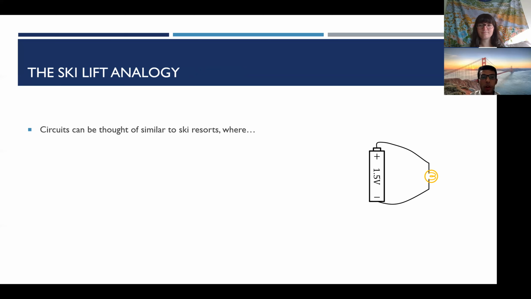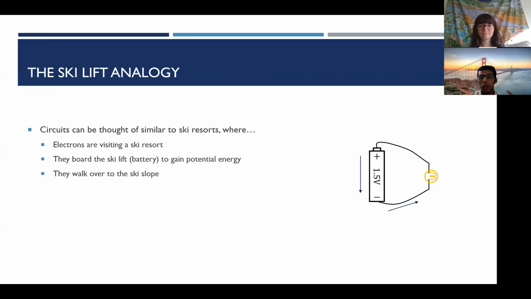So circuits can be thought of as ski resorts in which the electrons are the guests visiting a ski resort. And what are they doing? They're going to get onto a ski lift, or a battery, to gain potential energy. Once they get off the ski lift, they're going to have to walk a short distance towards the slope.